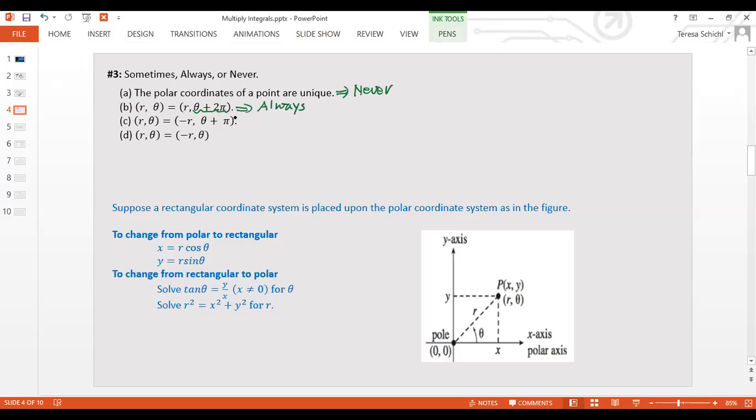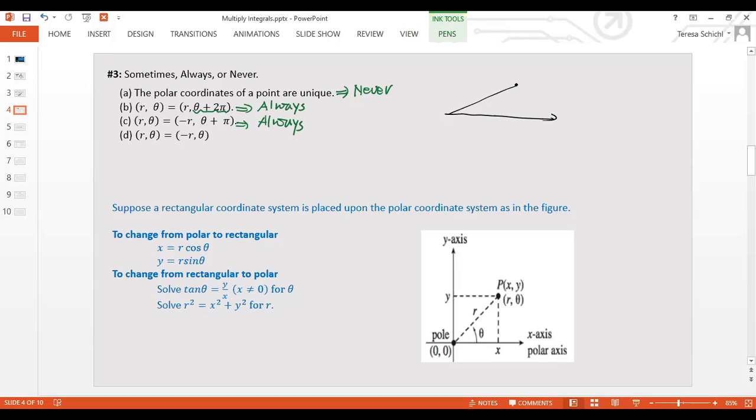Okay, so now the next one: is (r, theta) always equal to (negative r, theta plus pi)? Yes, this one is always true, as demonstrated before.